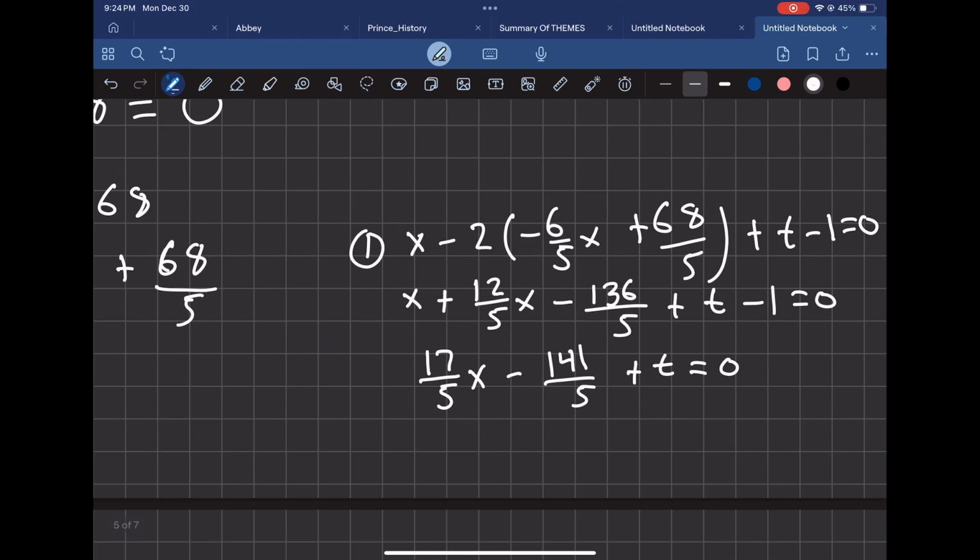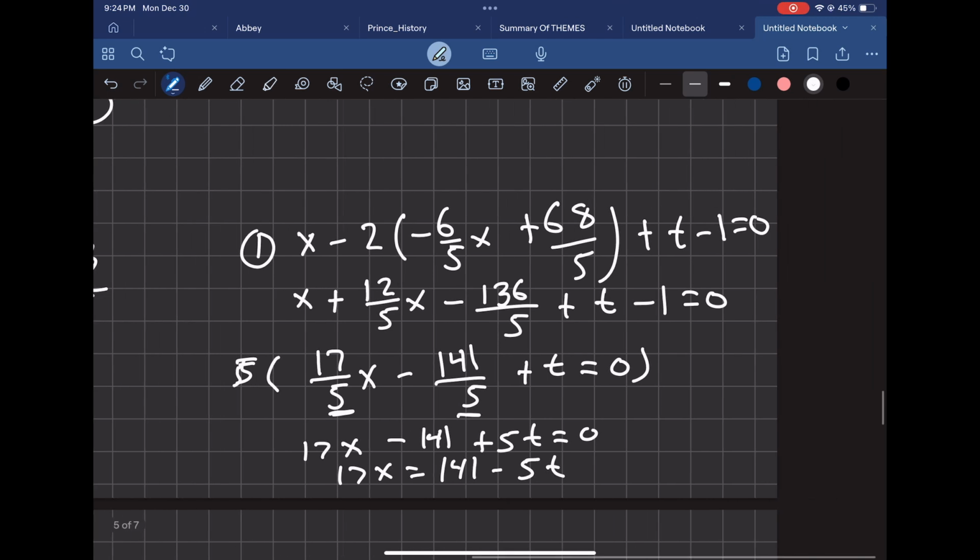So now we must isolate for x. The first thing I'm going to do is I see this common denominator of 5, so I'm going to multiply this whole thing by 5. So that gets us 17x minus 141 plus 5t equals 0. And then we're going to bring everything to the other side. So 17x equals 141 minus 5t.